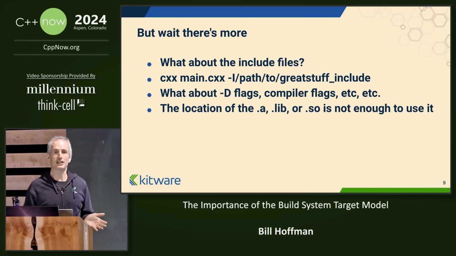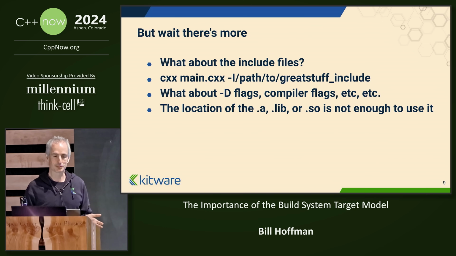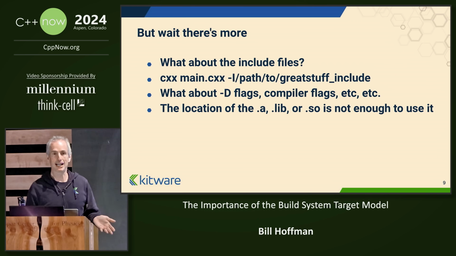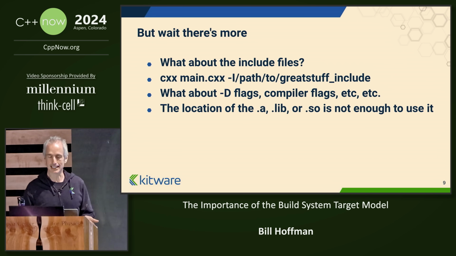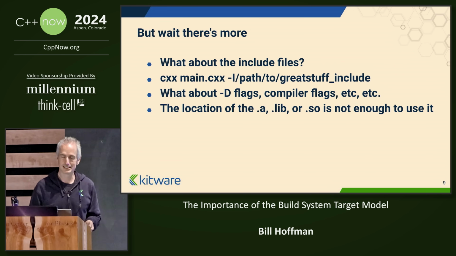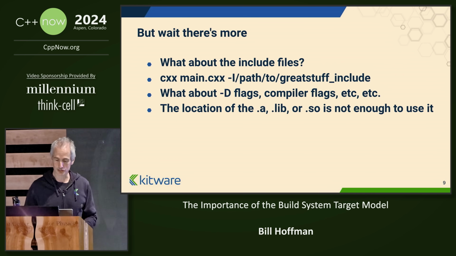What about the include flags from great stuff? All right, so I have to add a minus I flag to build my main.cxx. What about minus D flags, compiler flags, et cetera, et cetera? There's a lot of stuff that goes into consuming a library. The location of just the .a, .lib, or .so is not enough to consume a library.